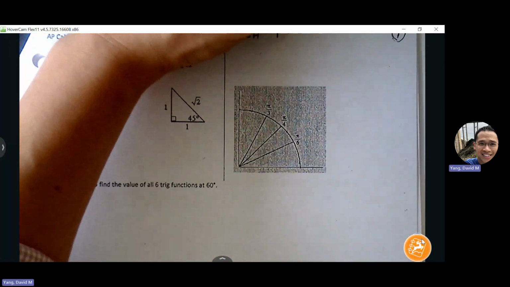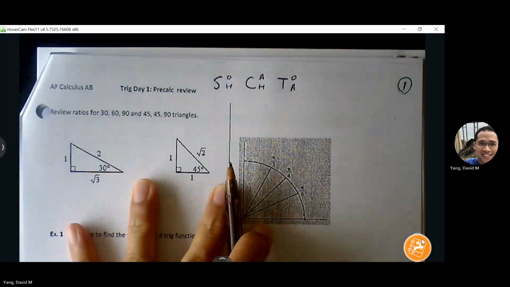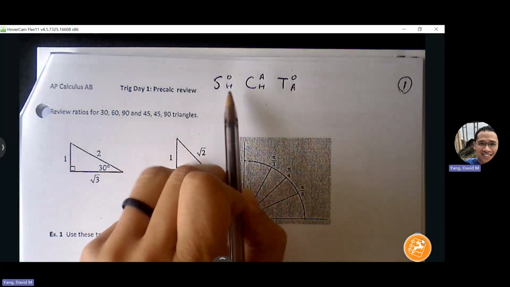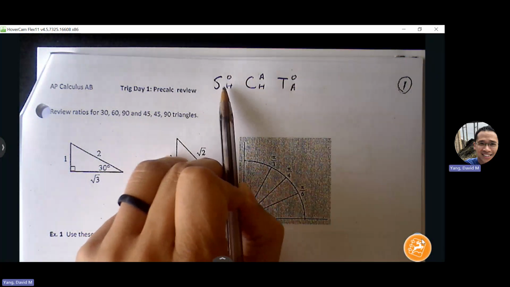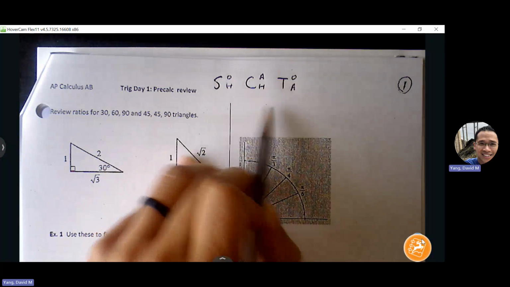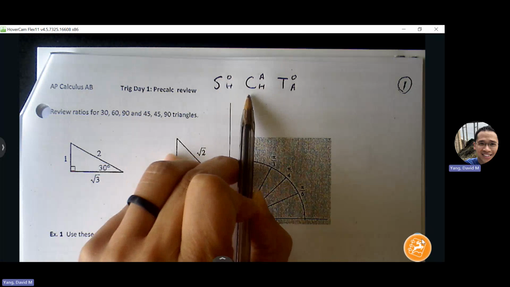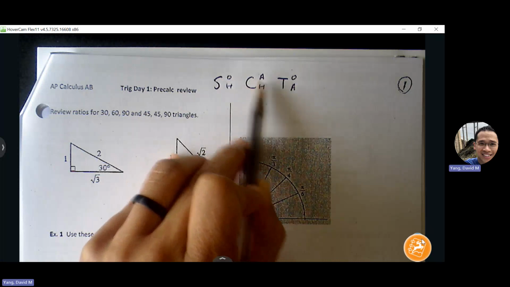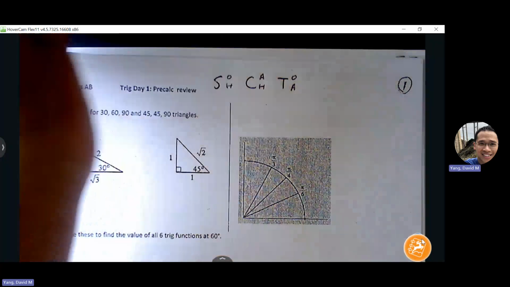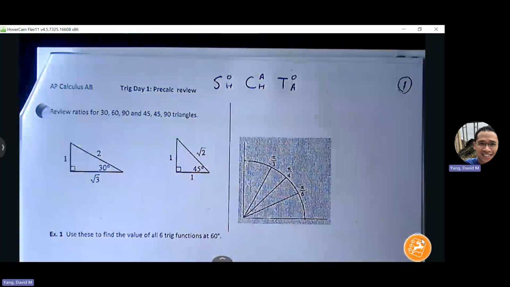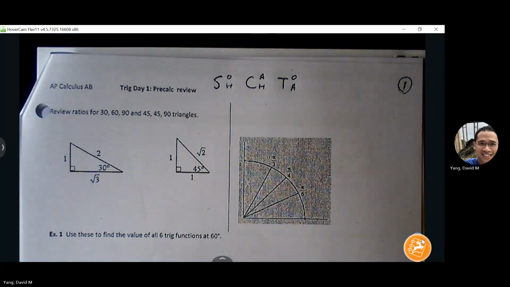And tangent is opposite over adjacent. Likewise, the reciprocals will stand for the other trig functions, right? So cosecant is hypotenuse over opposite. Secant is hypotenuse over adjacent. And then cotangent is adjacent over opposite.